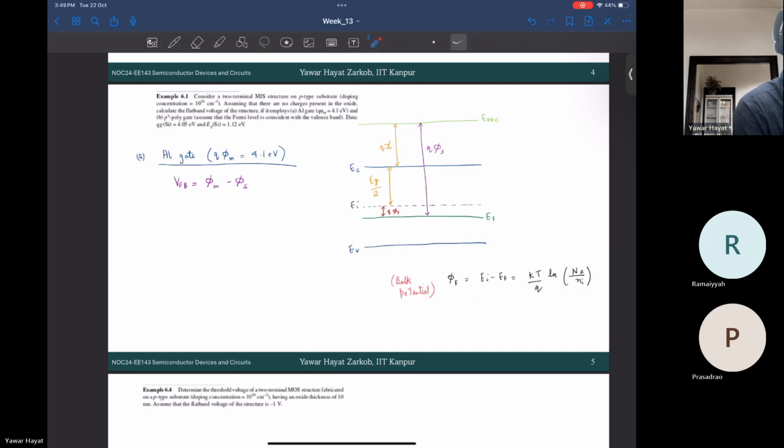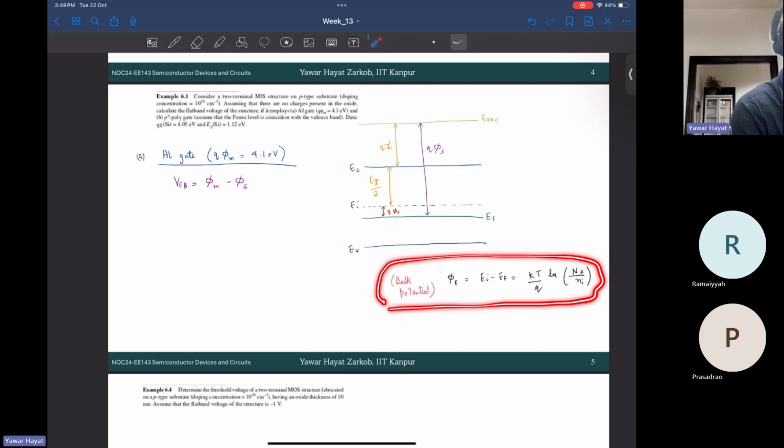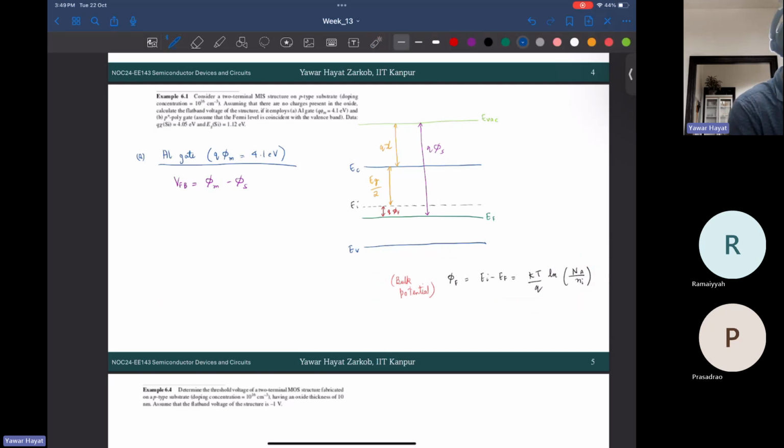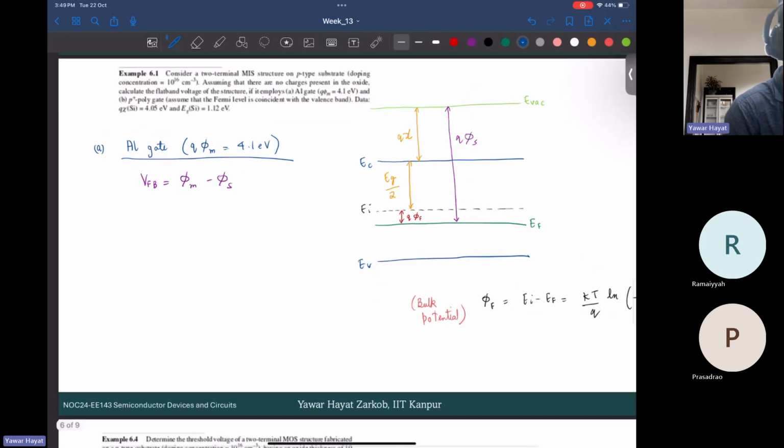Those who know this can directly use it. Those who don't can do it in the manner in which we did. So now, what is Q phi s? I mean, this plus this, right?